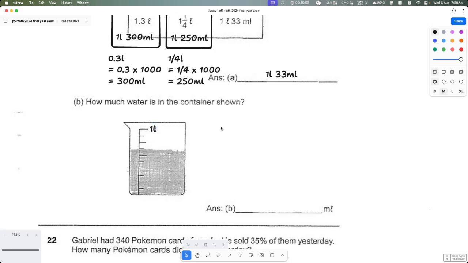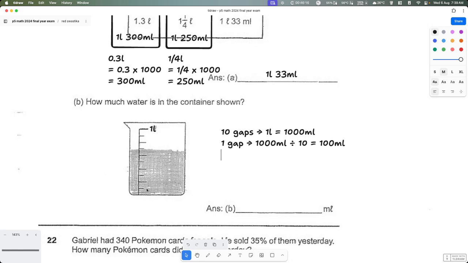So 10 gaps is equal to 1 liter, which is 1000 ml. One gap is equal to 1000 ml divided by 10, and this will give us 100 ml.